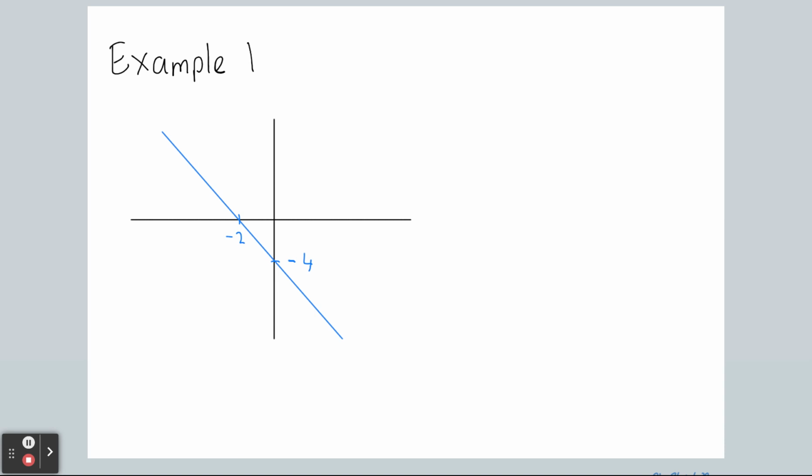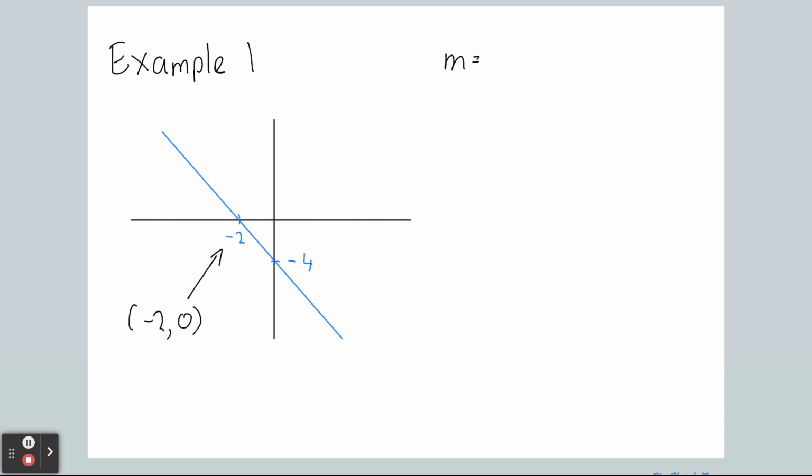So I'm going to start by going m is equal to y2 minus y1. So we need to work out the y coordinate here and the y coordinate here. Now the y coordinate here is 0. Why? Because this means -2 x coordinate, 0 for the y coordinate.